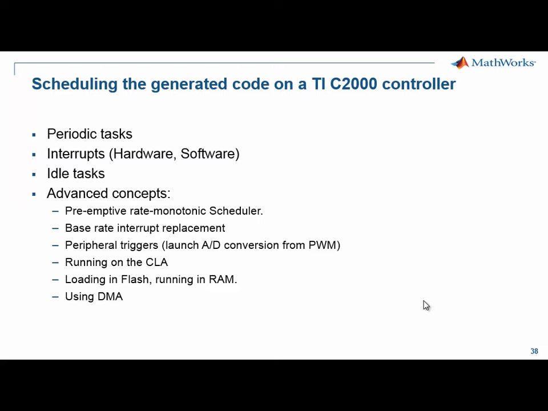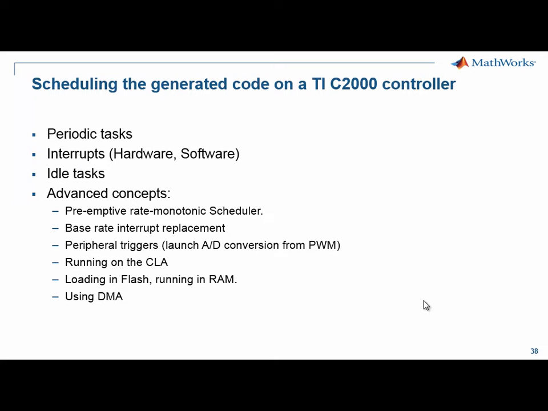We also have the capability to trigger ADC conversions from PWM. You can also offload your main CPU by running code on the CLA for some of the Piccolo devices that have that control law accelerator. We have the ability to load code in Flash but run in RAM. That offers performance improvement, especially on devices like the F28335, where the Flash is actually slower than the RAM.